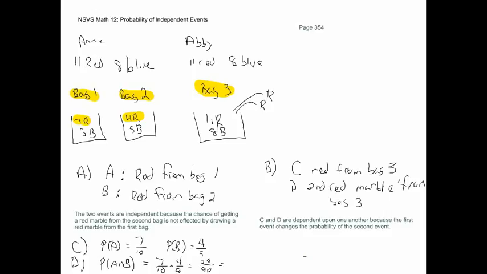Now the question asked us to solve this to 3 decimal places. So 28 divided by 90 gives us 0.311. So the probability of getting a red marble in the first bag and a red marble in the second bag is 0.311.